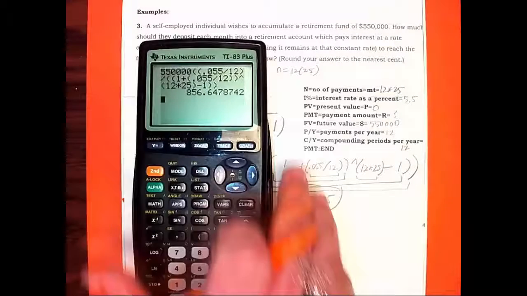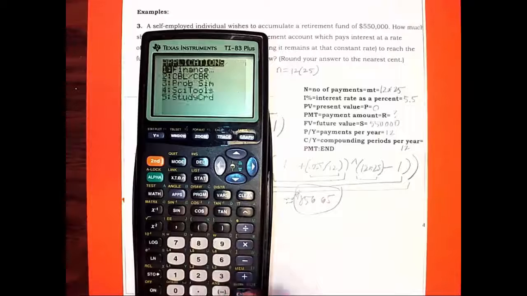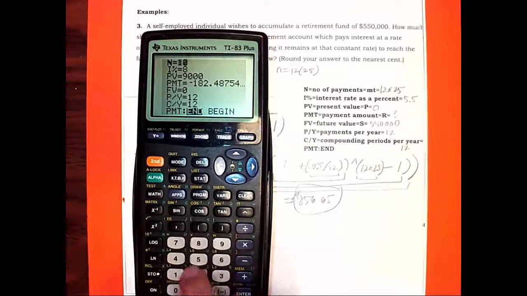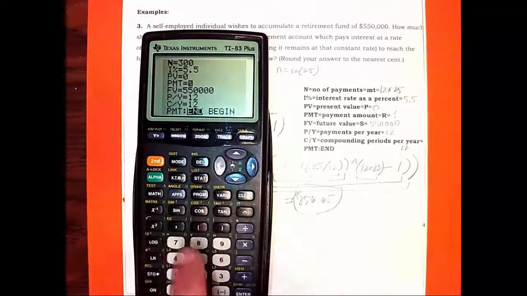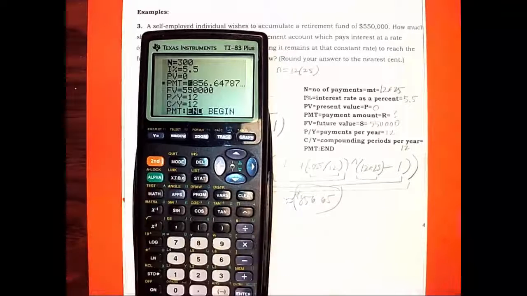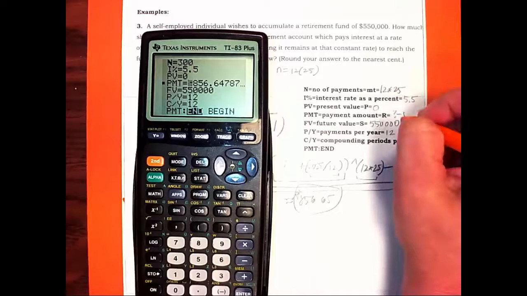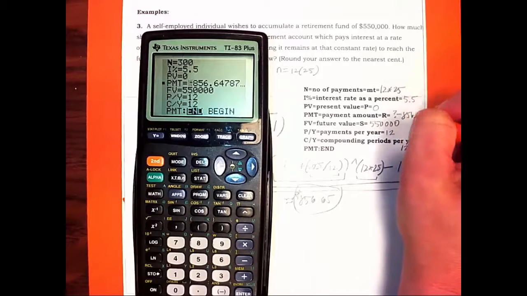So let's figure out what that payment needs to be. Alright, so the payment needs to be $856.65.